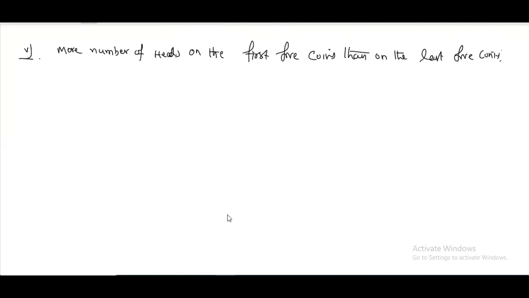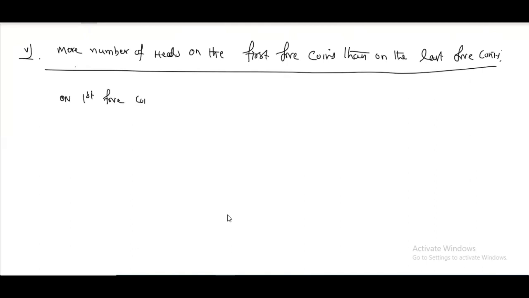So this is the condition. The probability of getting more number of heads on the first 5 coins than on the last 5 coins. So how can we take this?